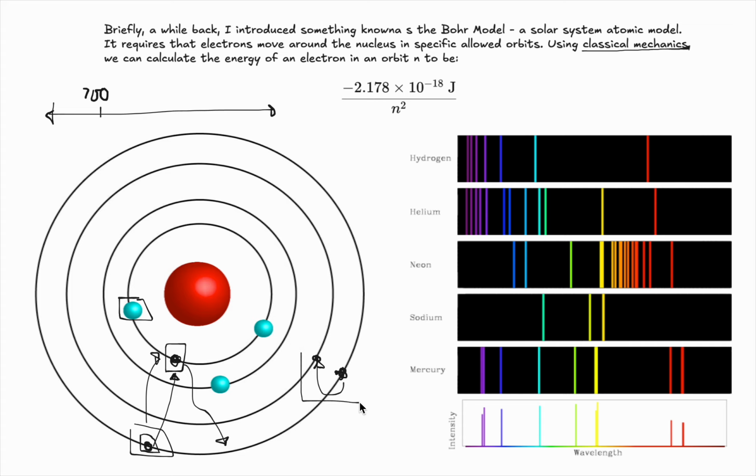And then let's say this jump over here, from this electron jumping down to this electron over here, releases wavelengths of light that is, for example, 400 nanometers. All right? So what we can do is, on a black backdrop, like this black backdrop over here, we can color in a line. Do you see these lines and this line? We can color in a line that corresponds to those wavelengths.